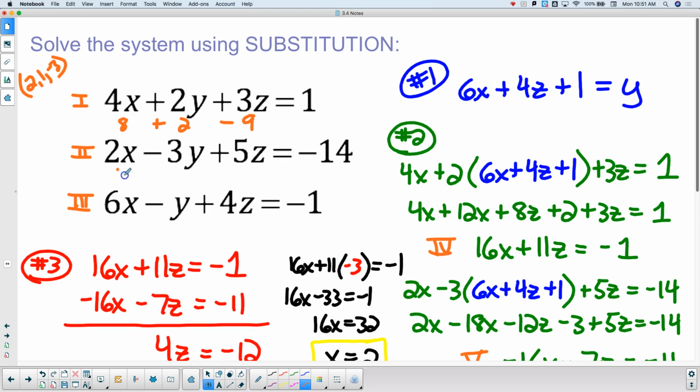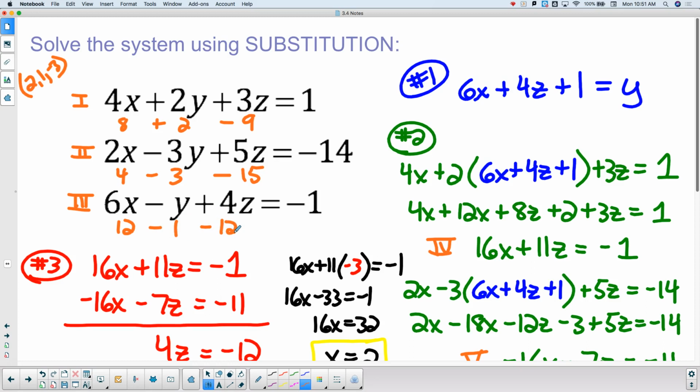2 times 2 is 4. 3 times 1 is 3, so minus 3. 5 times negative 3 is negative 15. So 4 minus 3 is 1. Minus 15 is negative 14. Checks out there. 2 times 6 is 12, minus 1. 4 times negative 3 is negative 12. 12 minus 1 is 11.